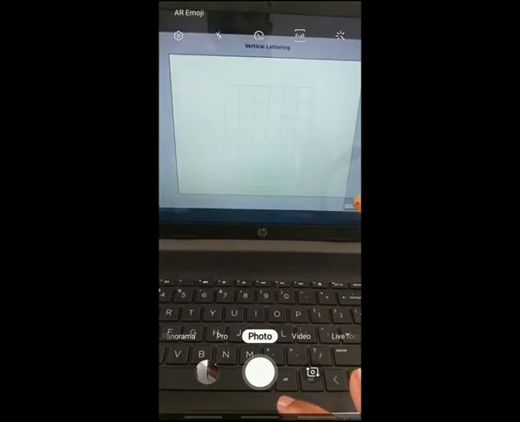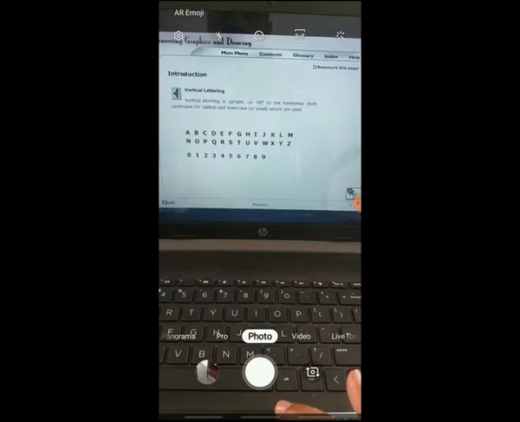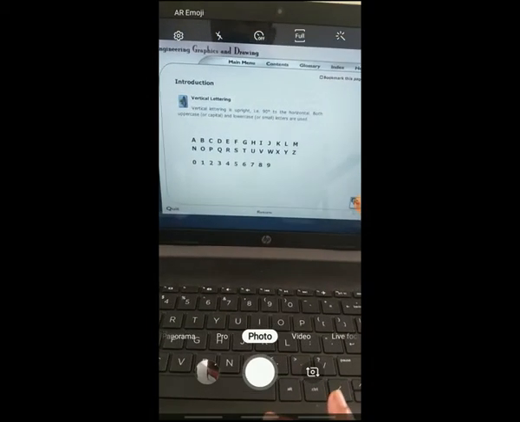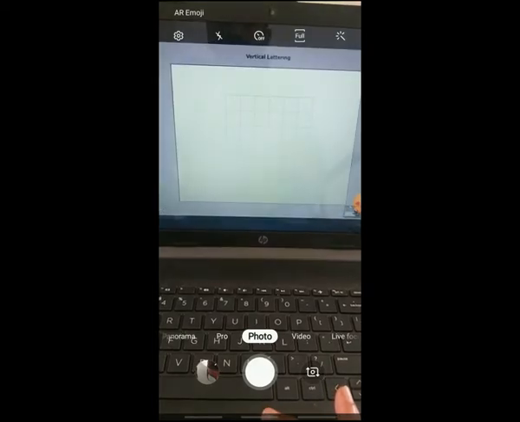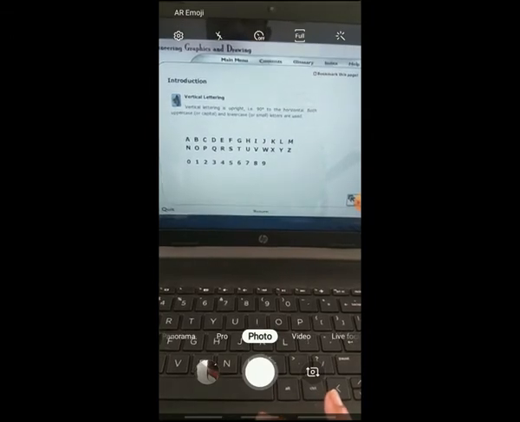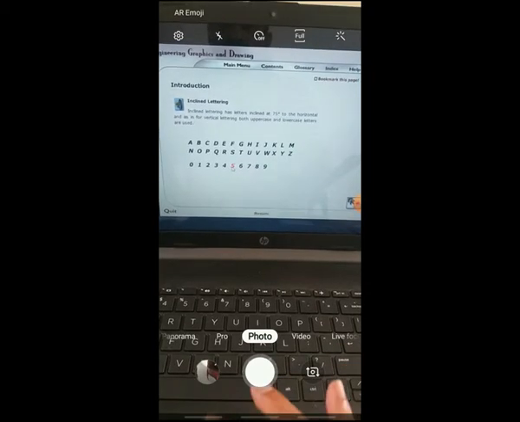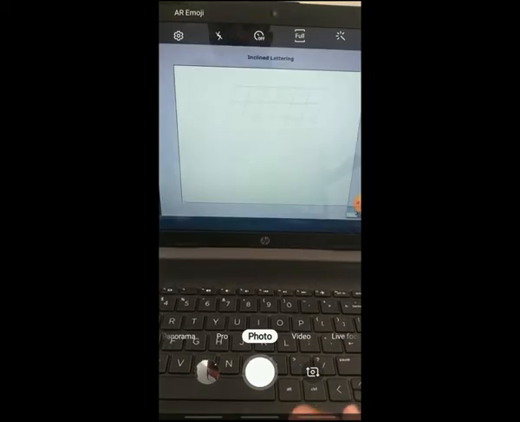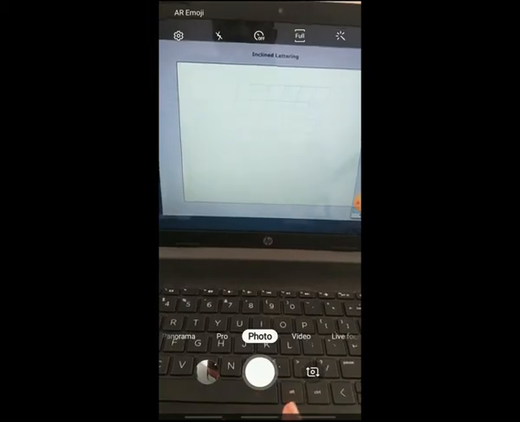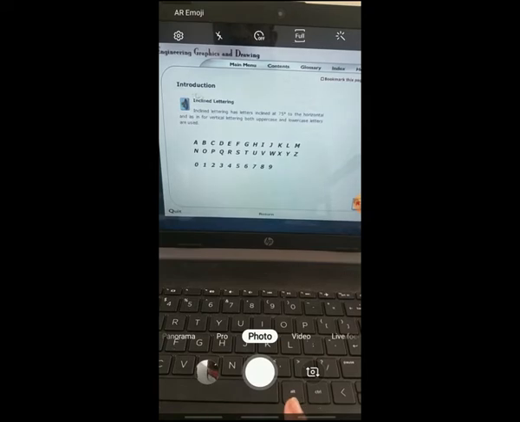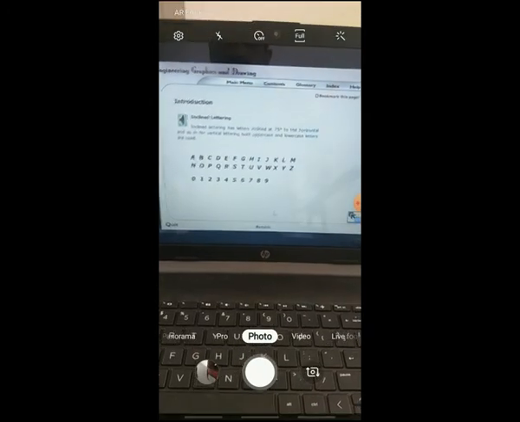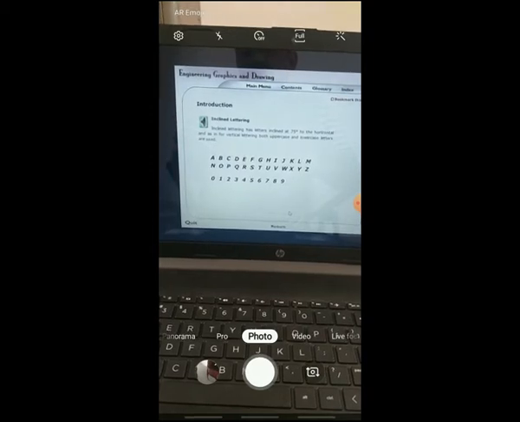Both uppercase or capital and lowercase or small letters are used. Inclined lettering has letters inclined at 75 degrees to the horizontal, and as in vertical lettering, both uppercase and lowercase letters are used.